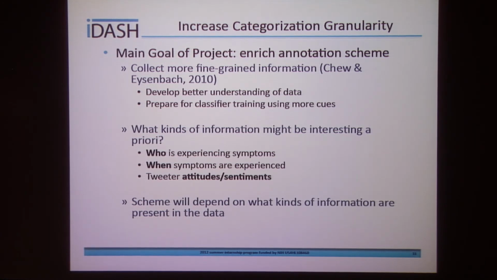Kinds of information that might be interesting even before looking at the data include things like who's experiencing the symptoms, when they're experiencing symptoms, and tweeter attitudes or sentiments towards different symptoms or towards different classes of diseases. But the scheme will depend somewhat on the kinds of information that are actually present in the data.